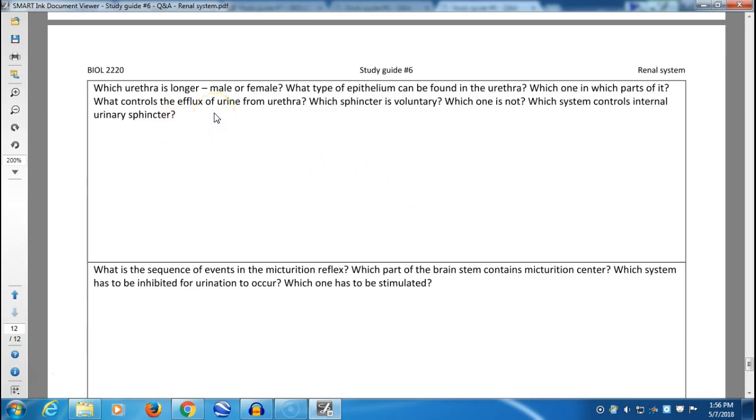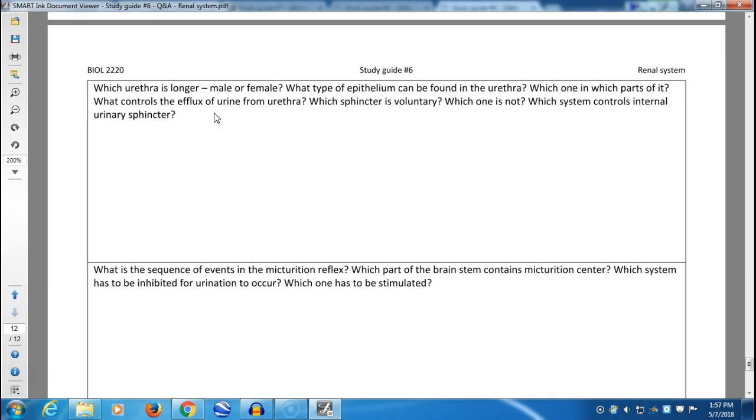What controls the efflux of urine? Micturition reflex. Bladder is full. It sends two signals. One is going to the cortex. One goes to the spinal cord. Which sphincter is under autonomic control?